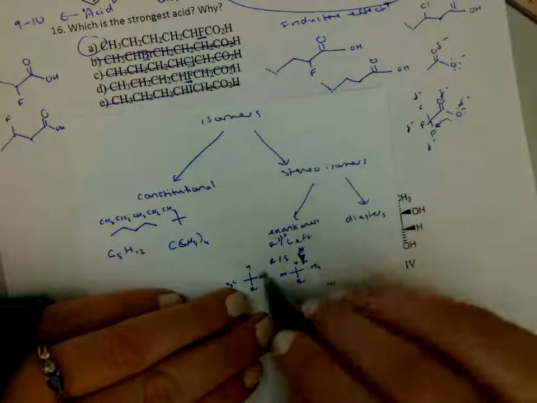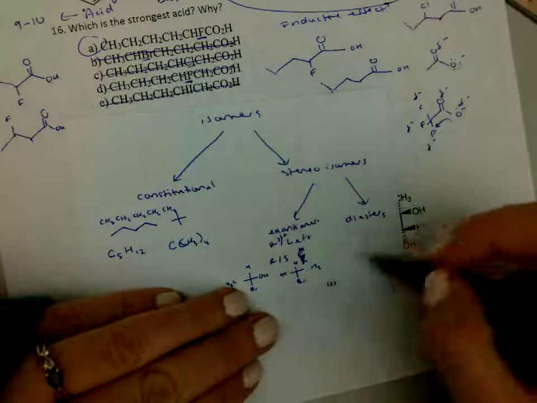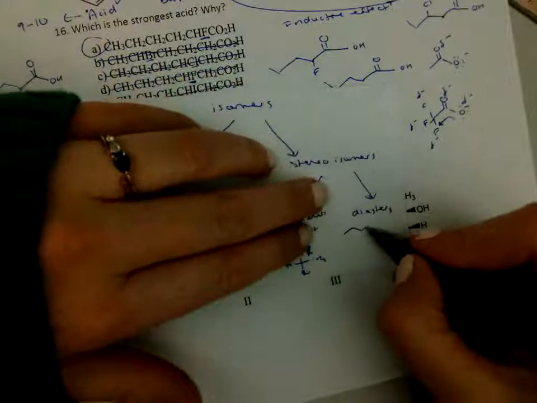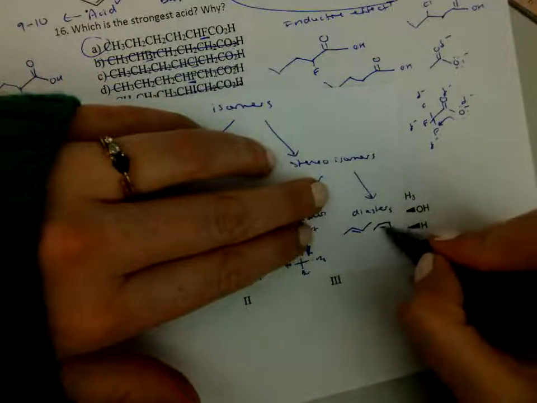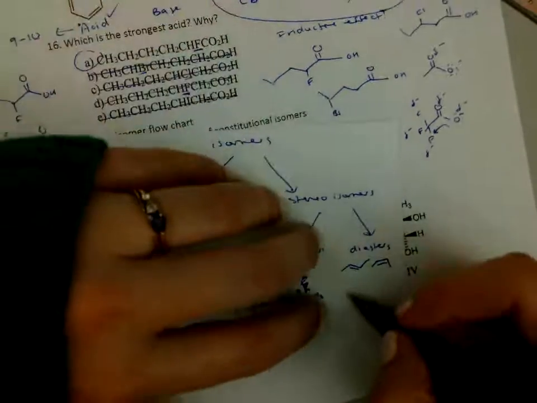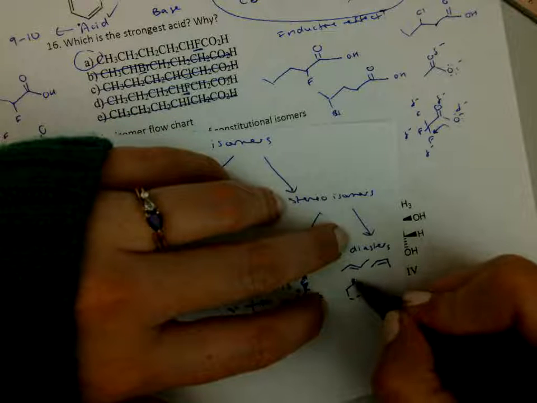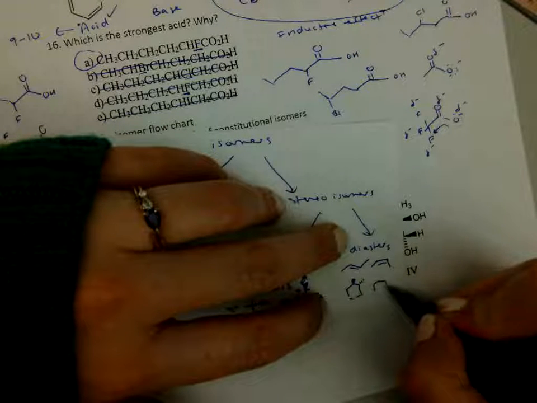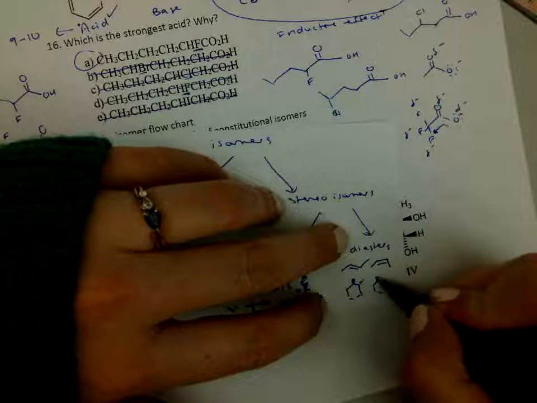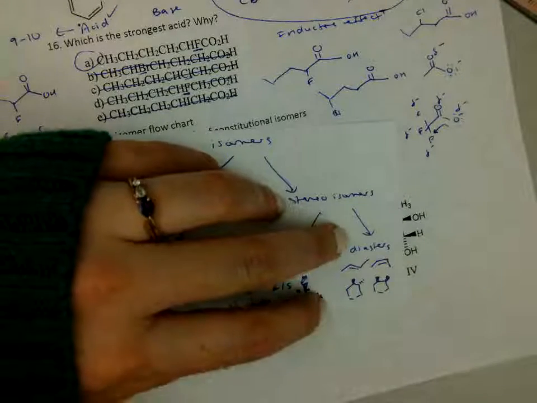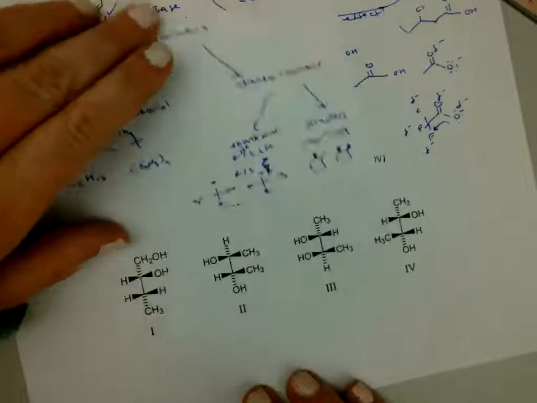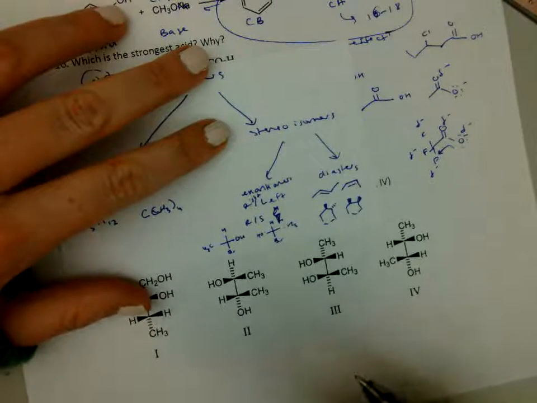Diastereomers. Diastereomers are anything other than enantiomers. So diastereomers can be cis-trans bonds. They could be cis-trans double bonds. They could be, if you have cis-trans on a cyclohexane ring, those would be isomers. These would all have the same condensed formula.